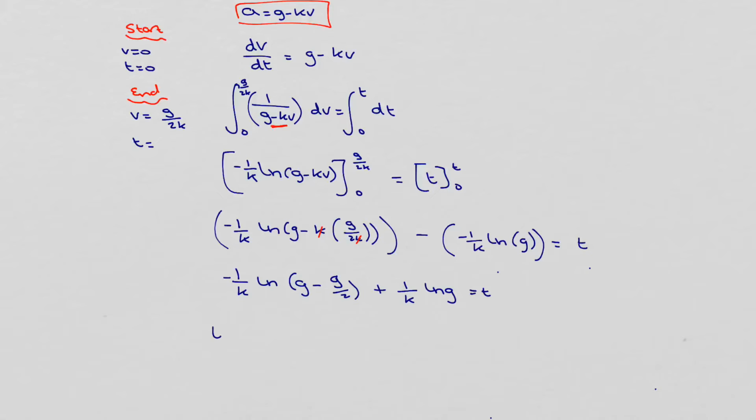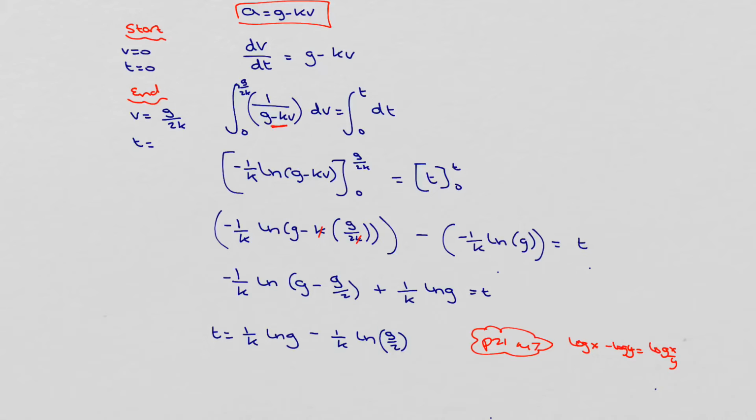So that is going to be 1 over k natural log of g minus 1 over k natural log of g over 2. And of course, I know by my log rules, which is page 21, that again, if I have a log minus a log, then I just divide once the bases are the same, obviously.